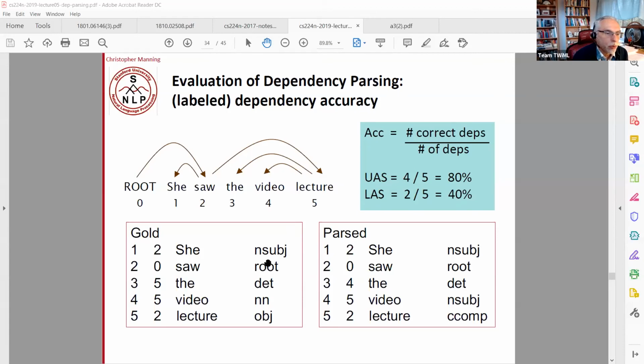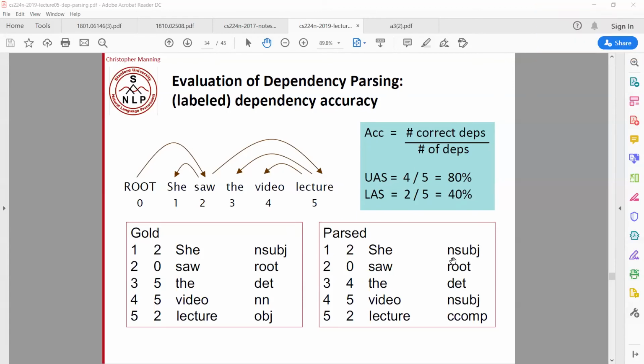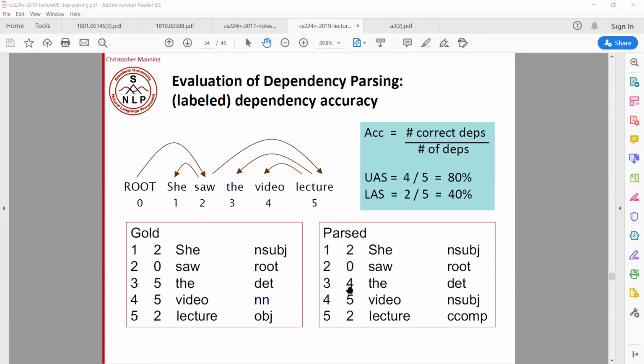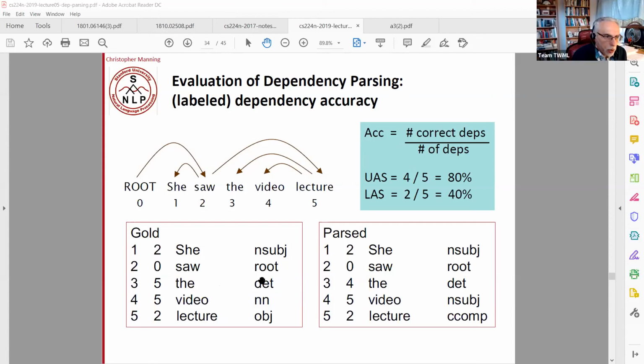I don't understand. This is 3. This is 3 correct. It's 3 to 5. But this one's wrong. Yeah, that's right. So you get to count these 2 as correct in the LAS score, right? Because the labels match, except for the last two. But this label matching doesn't count because you already blew it. You already got this one wrong.